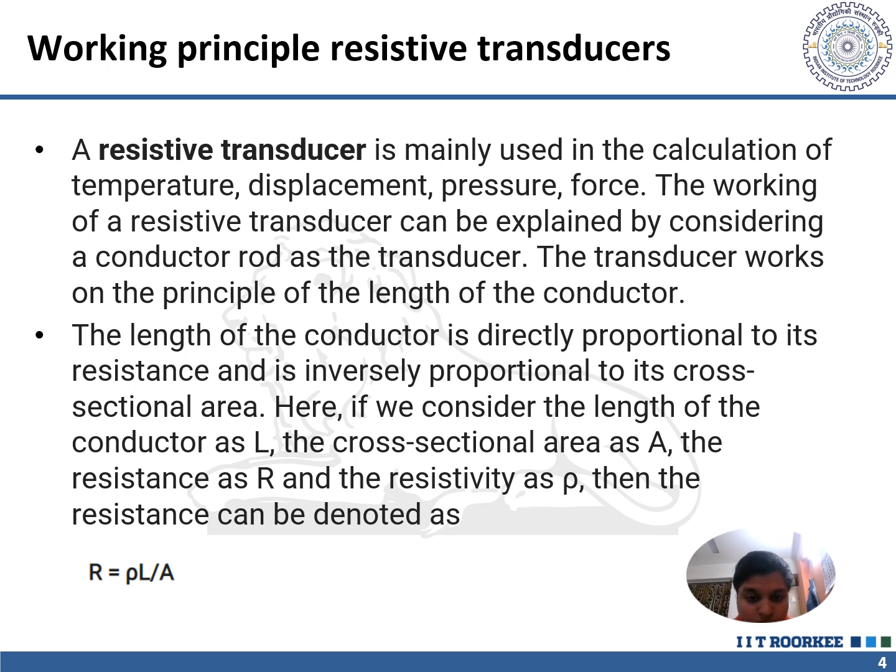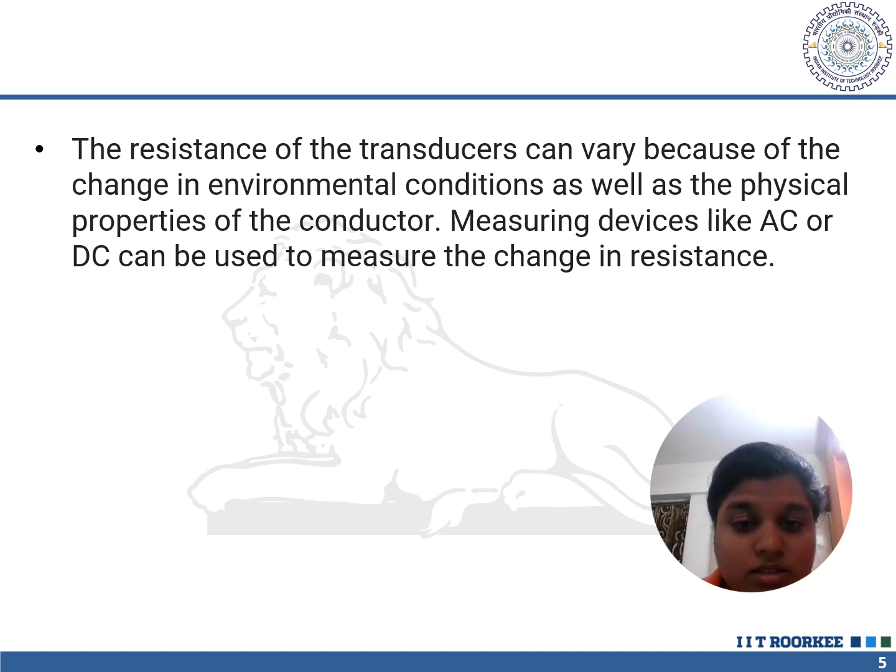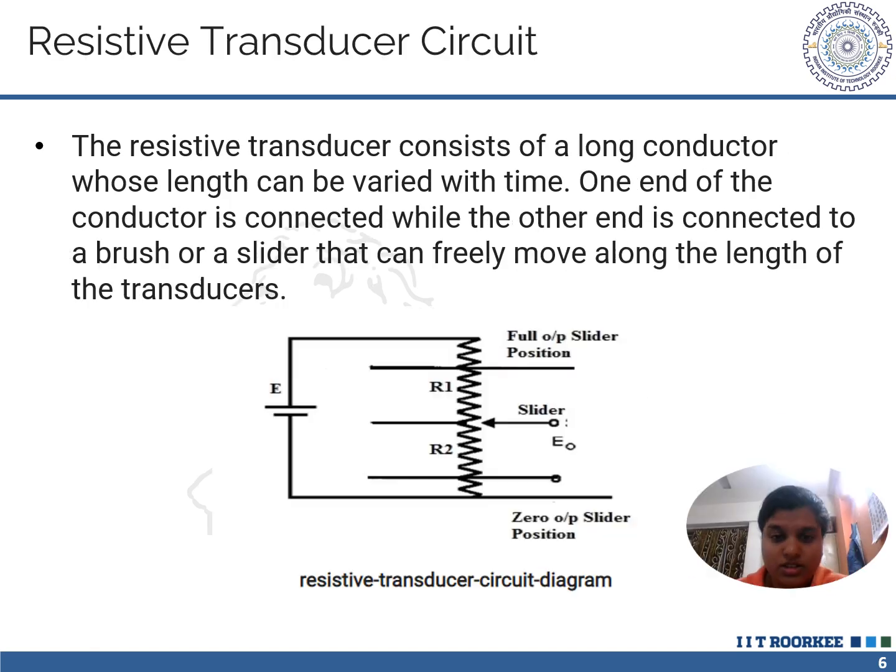The transducer works on the principle of length of the conductor, and here you can see the formula rho equals L by A. The resistance is directly proportional to length and inversely proportional to A, the cross sectional area, and rho is the resistivity. And the resistance of the transducers can vary because of the changes in environmental conditions as well as the physical properties of the conductor. Measuring devices like AC or DC can be used to measure the change in resistance.